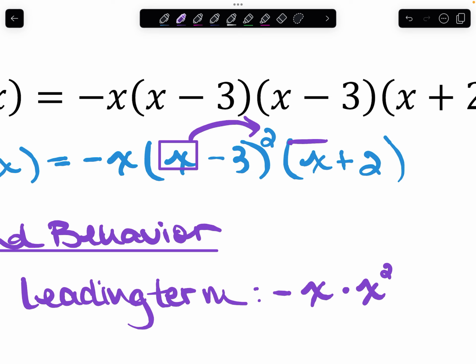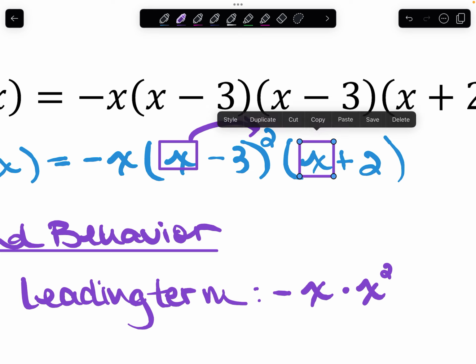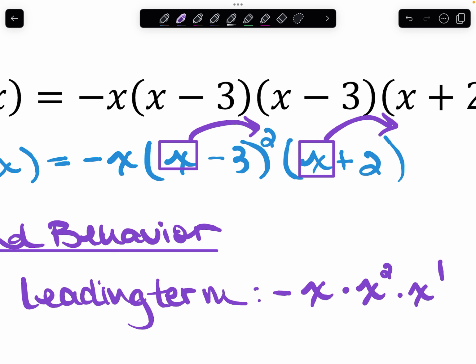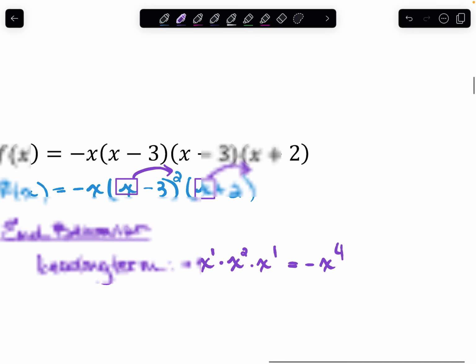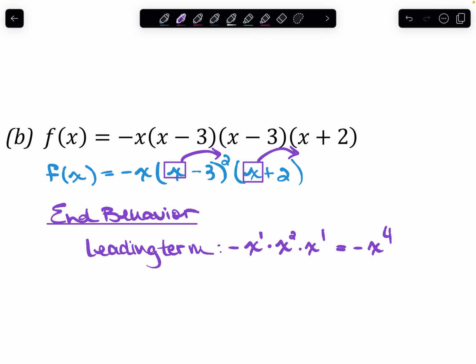I go get the next one, which is another x raised to its exponent 1. So then we multiply these together. Remember your exponent rules, you add your exponents. So that is going to be negative x to the 1 plus 2, 3, plus 1, 4. So this would be our leading term. So we can get the leading term without actually multiplying the whole polynomial itself.